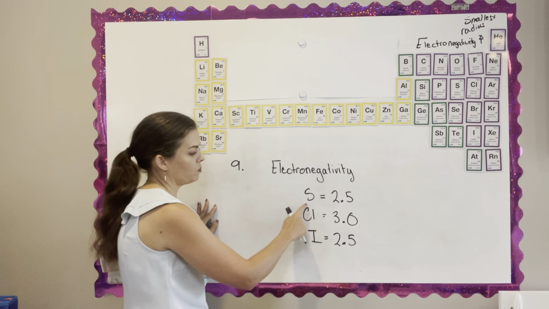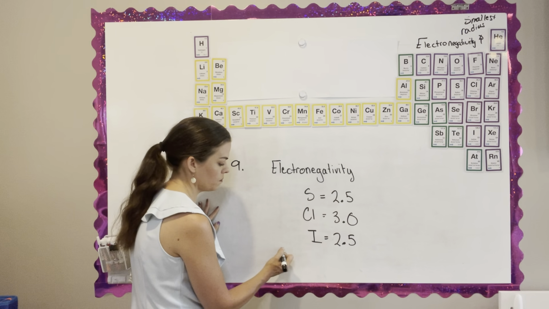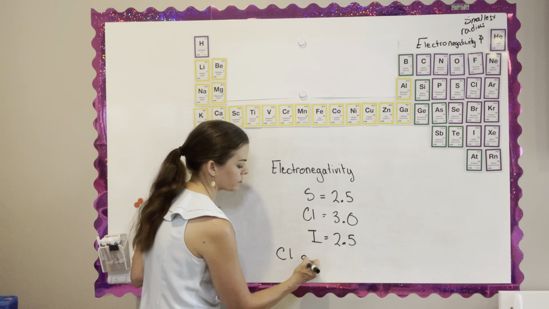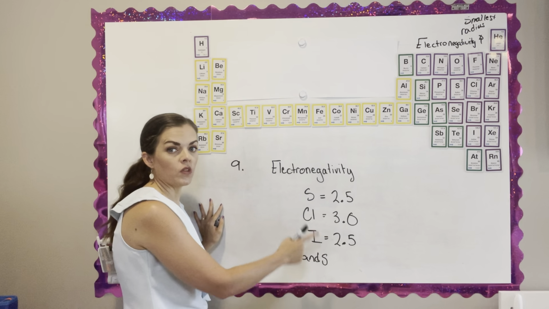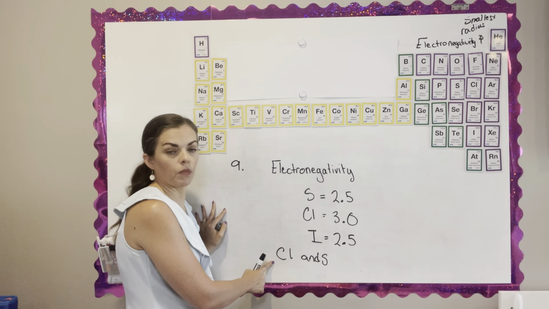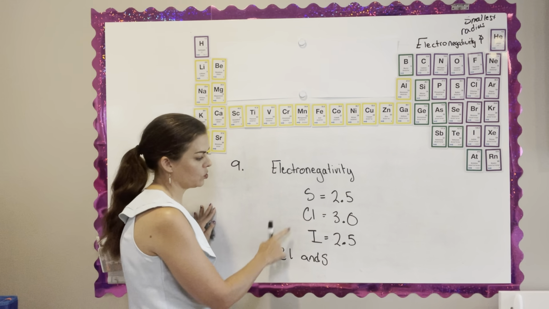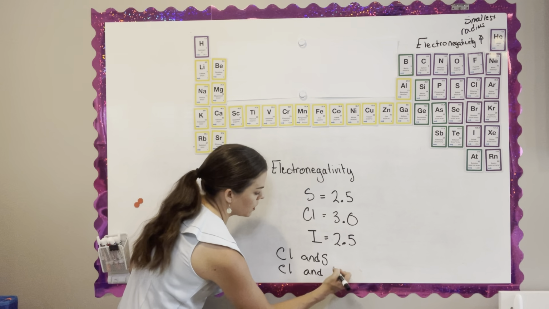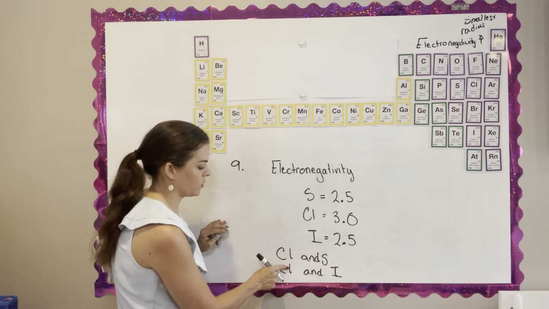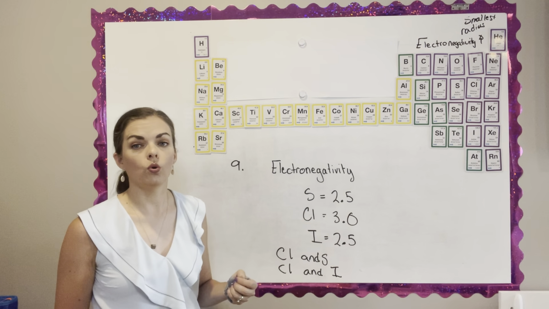But if I were to put chlorine with sulfur, chlorine is going to pull more, so it would make a polar covalent bond. The other polar covalent bond you could make would be chlorine, sorry, it's messy, and iodine, because chlorine, once again, is going to have a bigger pull on those electrons.